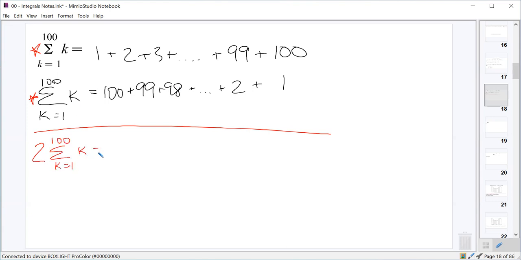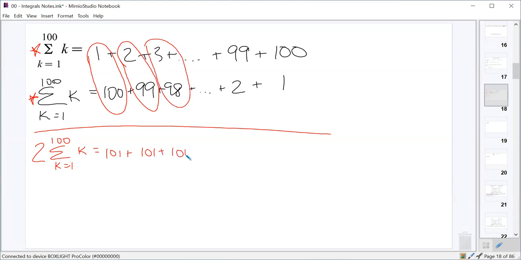And if I add all of this together term by term, 1 plus 100 is 101. And 2 and 99 is 101. And 3 and 98 is 101. Every single pairing is going to be 101, all the way down to these last couple here: 99 plus 2 and 100 plus 1 are both 101 as well.